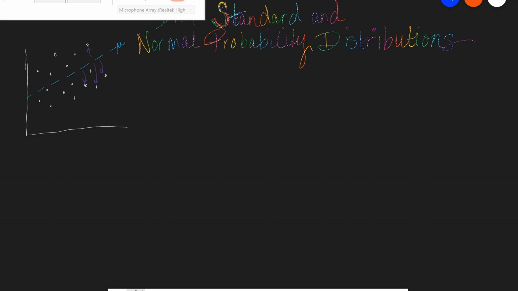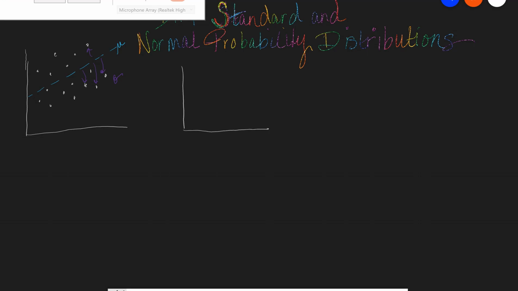So the space between there is sigma, or the standard deviation. Let me draw another one for you. Okay, so here's one, and here's another. Plot out some points for you.